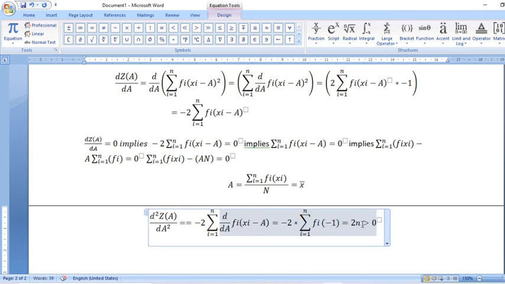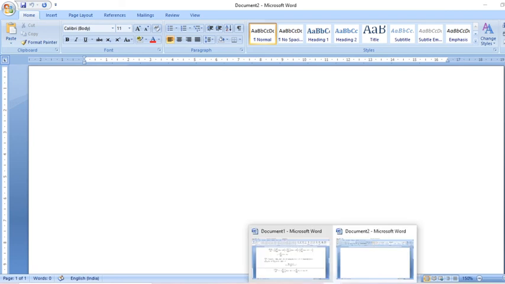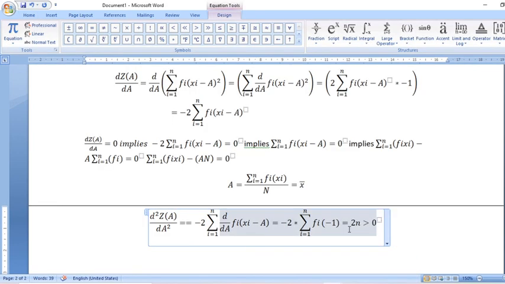Minus and minus get cancelled. The summation of fi is nothing but capital N. So 2N, that is greater than 0. So in this case also we obtain that d square z of a by dA square is greater than 0.